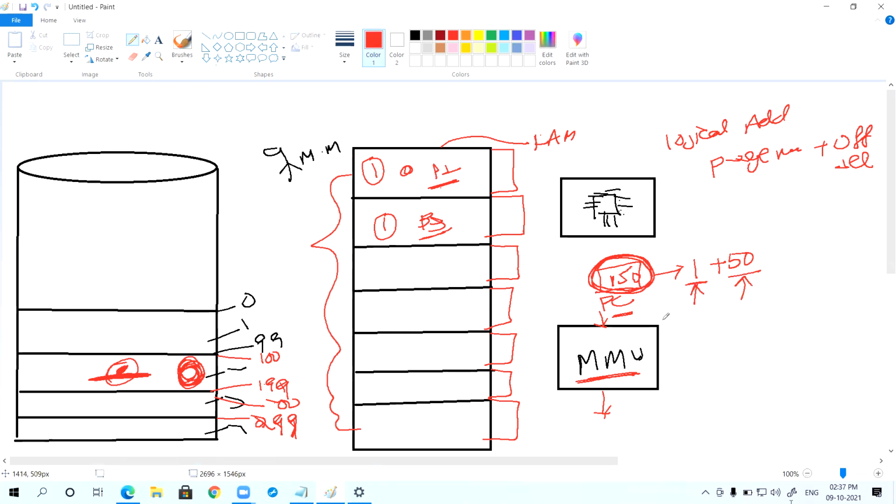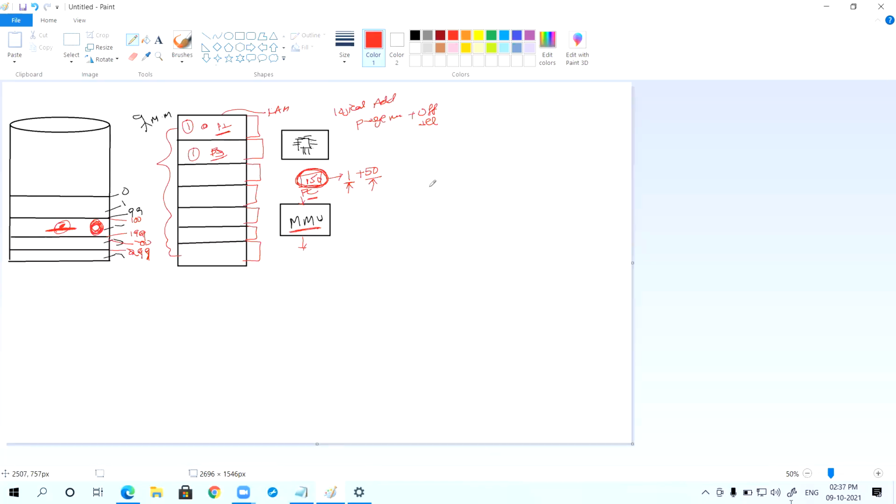So the MMU will convert this logical address into the physical address. You may get a doubt, sir, how will it convert? For that, the MMU will maintain one table called the page table.